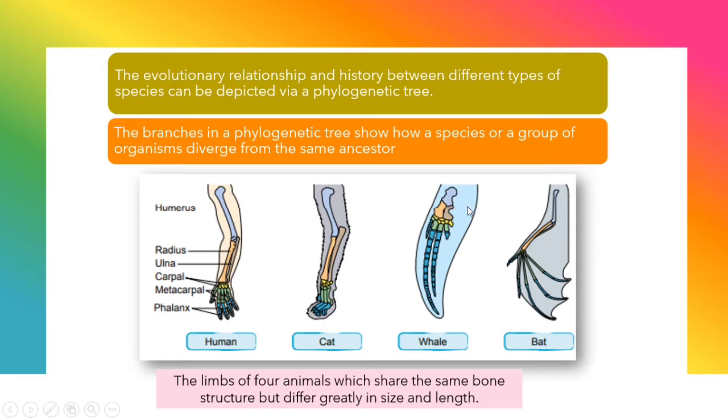Then this is the structure of the humerus in the bat. You can see the radius differs greatly in size and length. This is the radius in the whale, and this is the radius in the bat. You can see the phalanx, the phalanx of the whale, and then the phalanx of the bat.